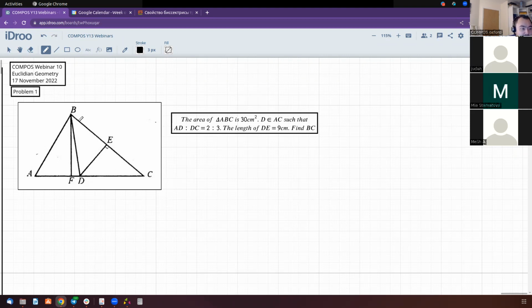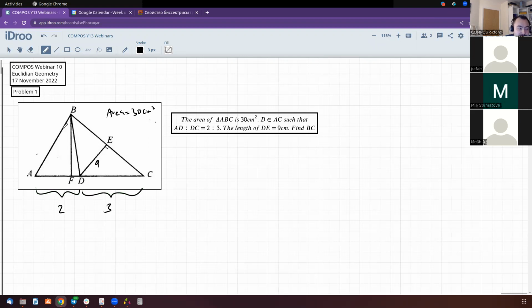So we'll draw the line BD. Okay, so what we have is DE is a perpendicular, is 9, and the whole area is 30 centimeters squared, and the ratio of AD to DC is 2 to 3.